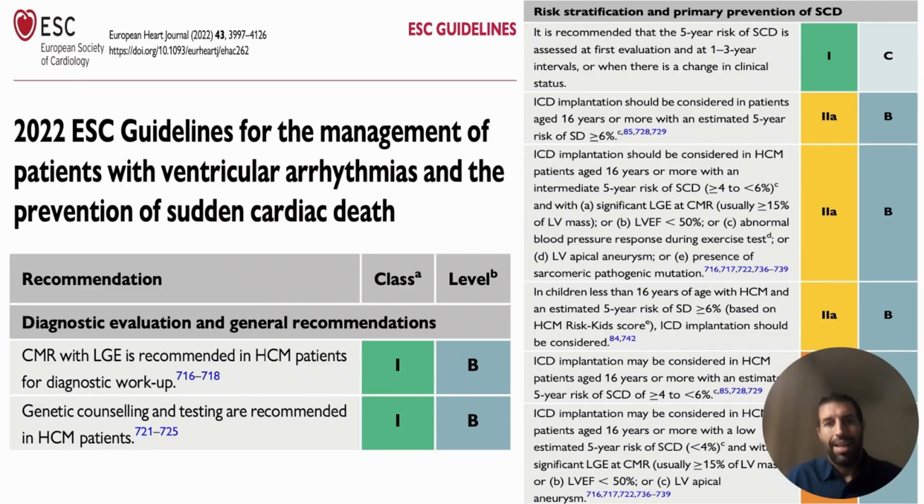That makes sense because the natural history and management differ according to the underlying etiology of LV hypertrophy. Diagnostic workup is of paramount importance and includes CMR and genetic test.